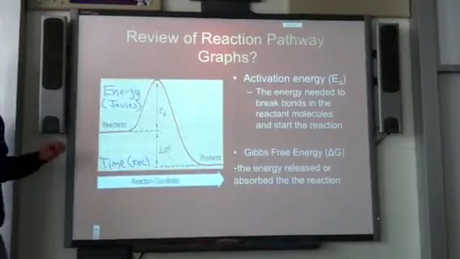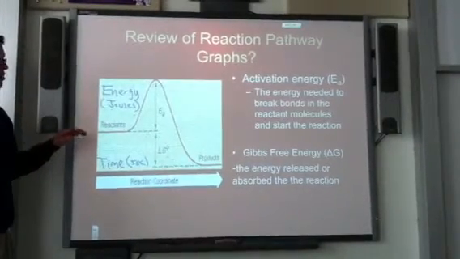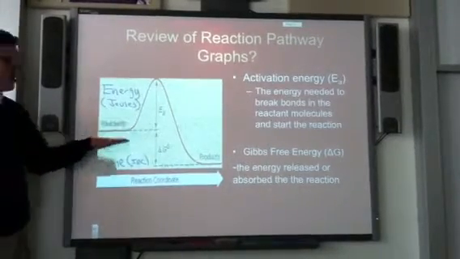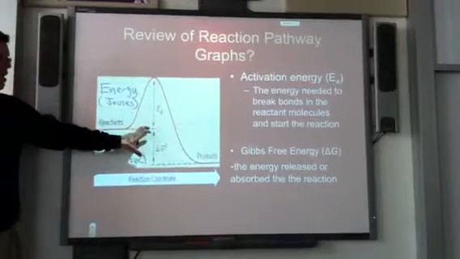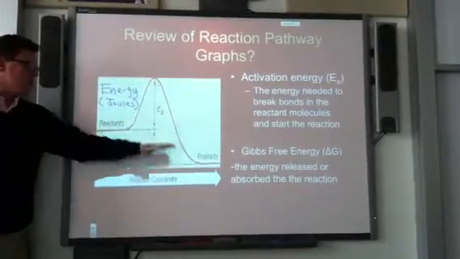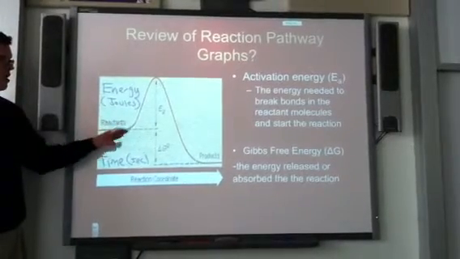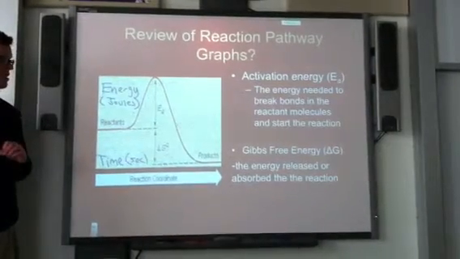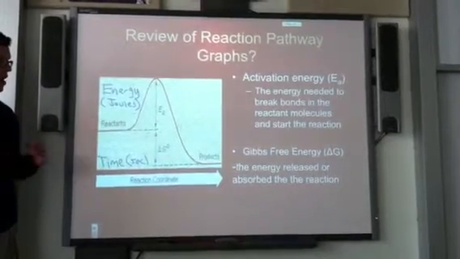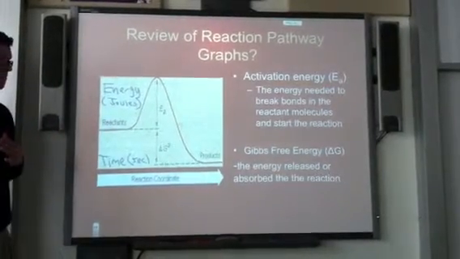Okay, we're going to look at a couple different examples of Gibbs free energy. In this case, the reactants have a higher energy than the products, so we have a negative delta G between the reactants and the products, a loss of energy from the molecules out into the system, and this negative delta G would cause this reaction to release heat.